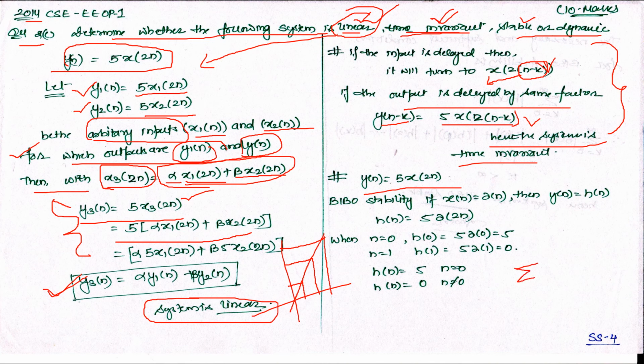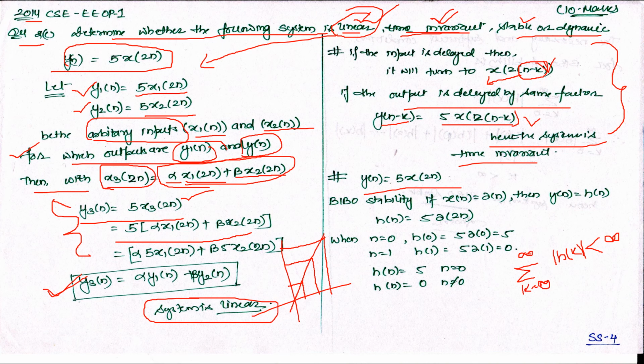It is summation k equals 0 to infinity of h of k, and it has to be less than infinity. Okay, that means if the impulse response converges, then you are saying that the system is stable. So a bounded input must give a bounded output. That's what you are looking for, and that is what the BIBO stability criterion is.